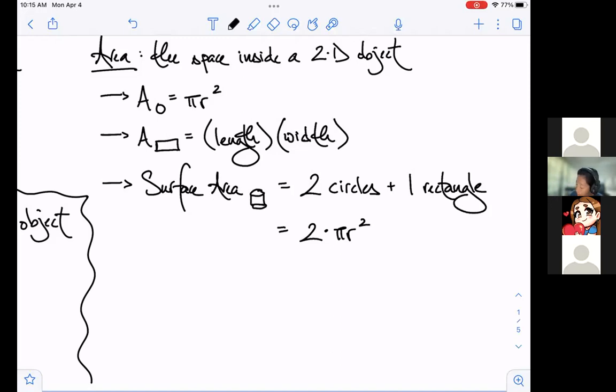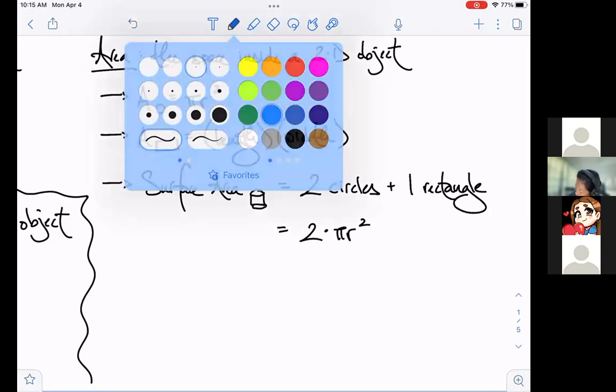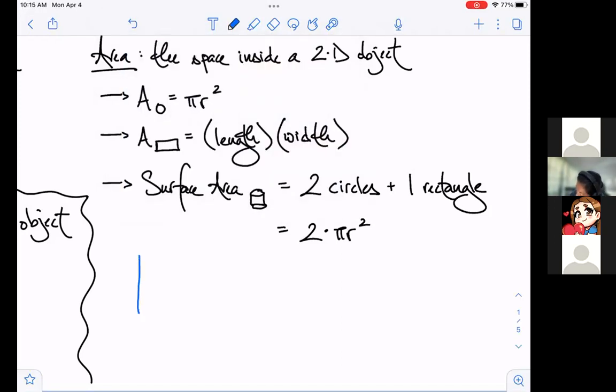Now for the rectangle piece, I'm going to draw a little picture off to the side. All right. So if you unwrap the label of a can, you end up with a rectangle. Now the can has a certain height, and so this side we would label as H. If I were to roll this back up or put this back on the can, what does this part represent on my can?